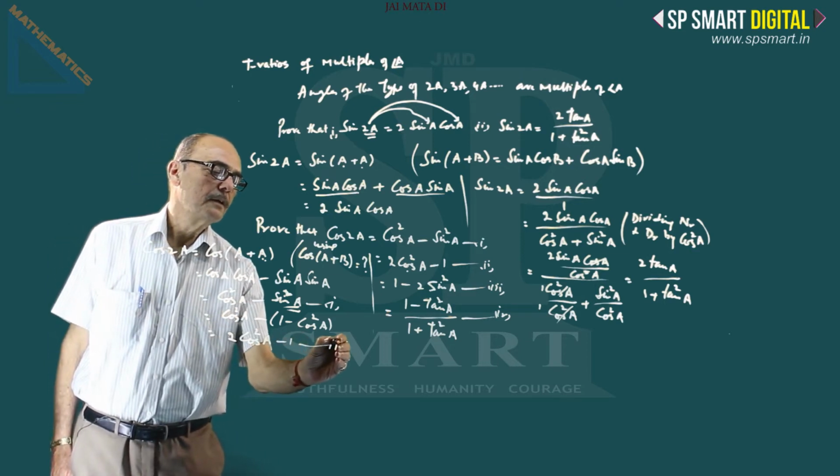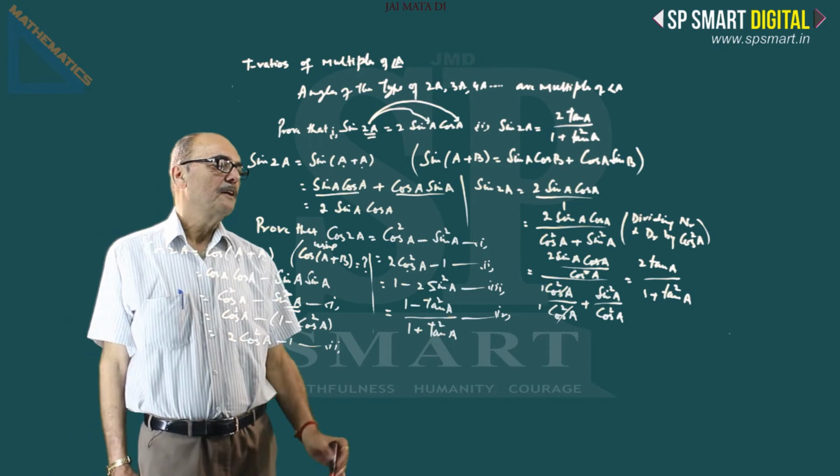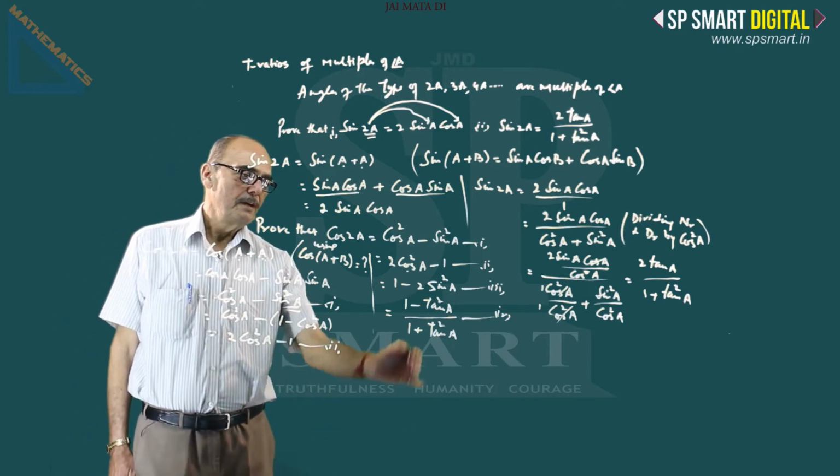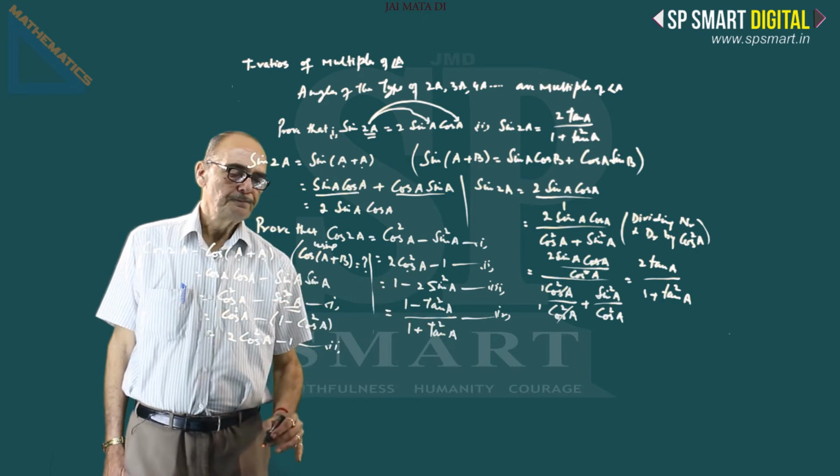This is your second formula. And in the third formula we observe we have sin square A but not cos.